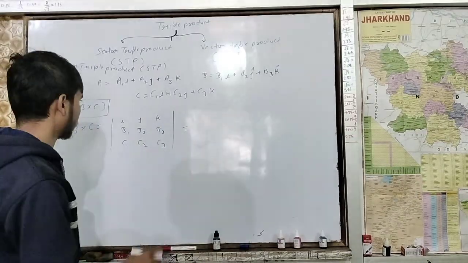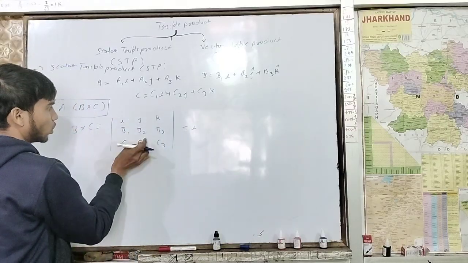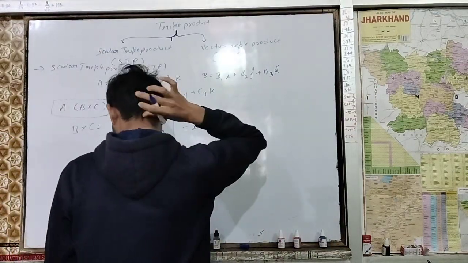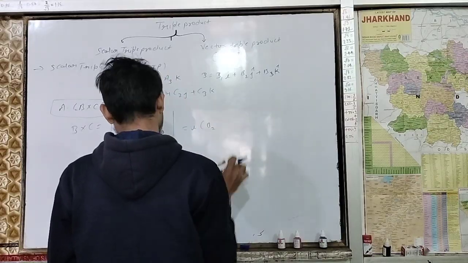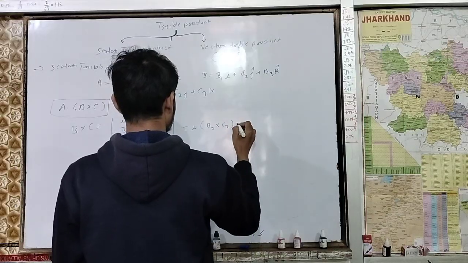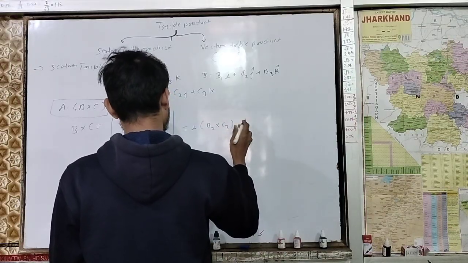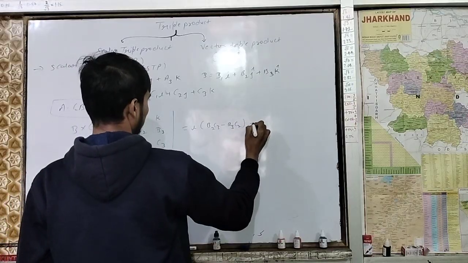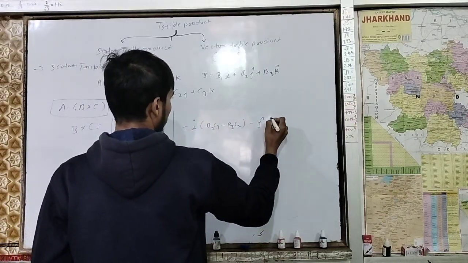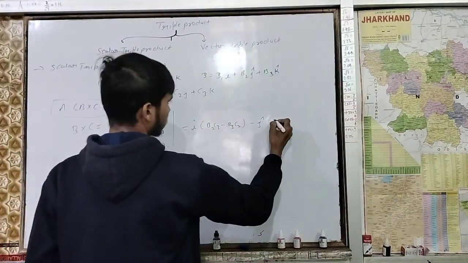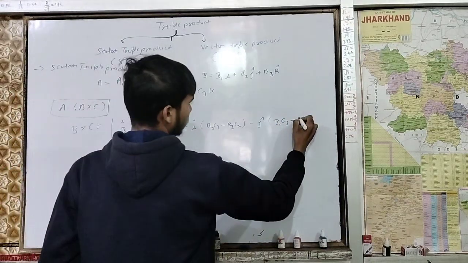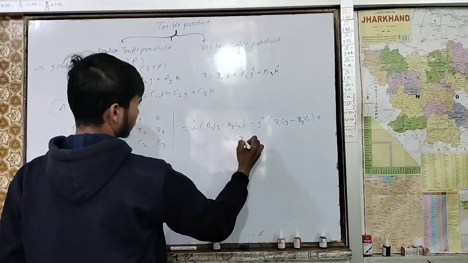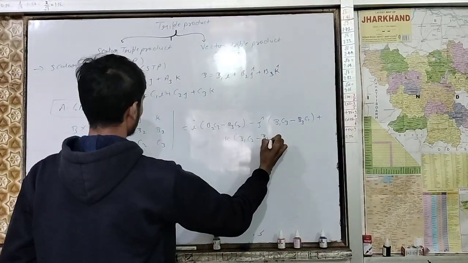Now your work is to multiply. If you are taking i, then you will multiply this by this, this by this: b2 c3 minus b3 c2, then negative j cap: b1 c3 minus b3 c1, positive k cap: b1 c2 minus b2 c1.